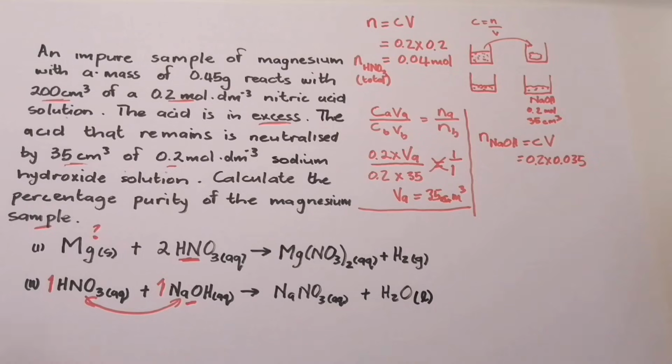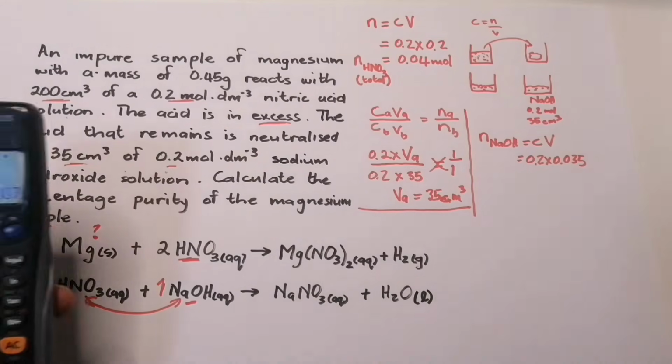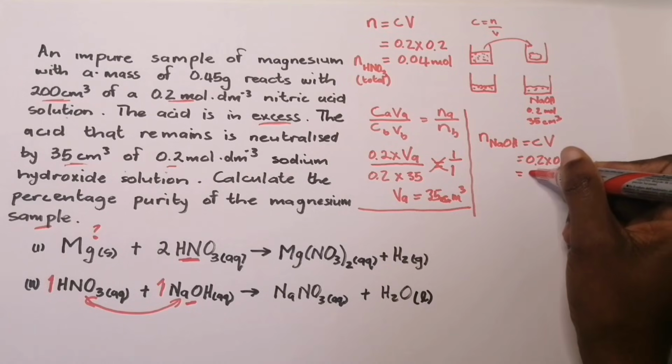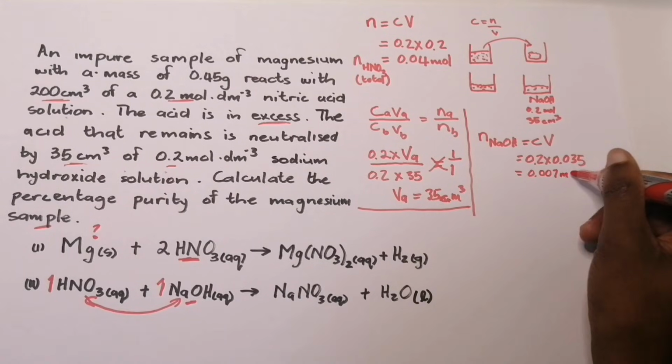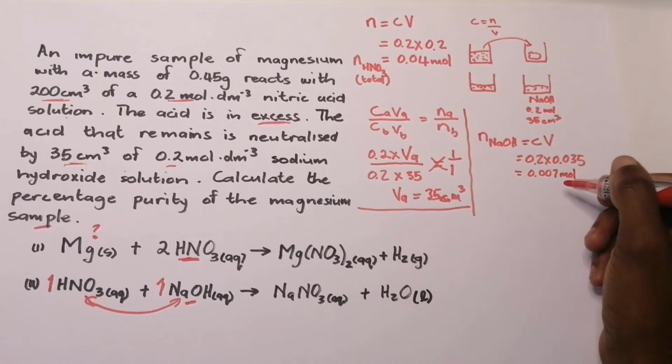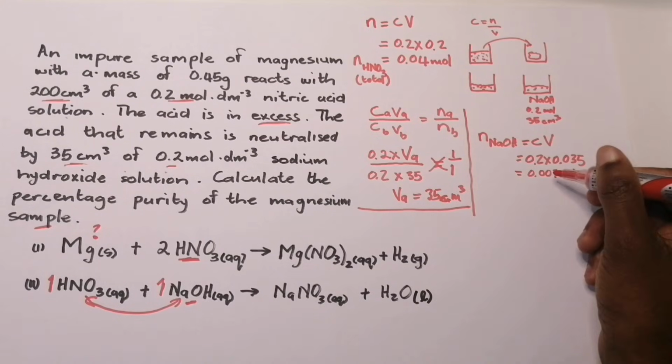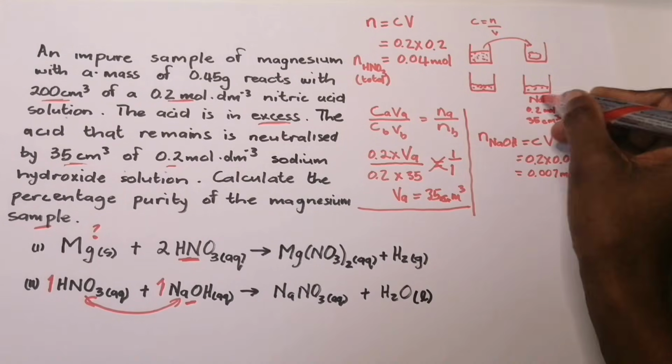And what does that give us? 0.035 times 0.2, and you get 0.007. Note that this is in moles. So those are the number of moles of sodium hydroxide that reacted there.